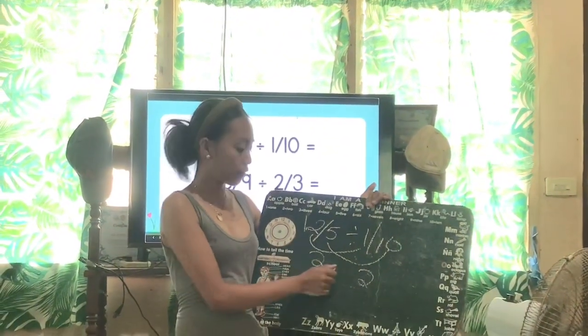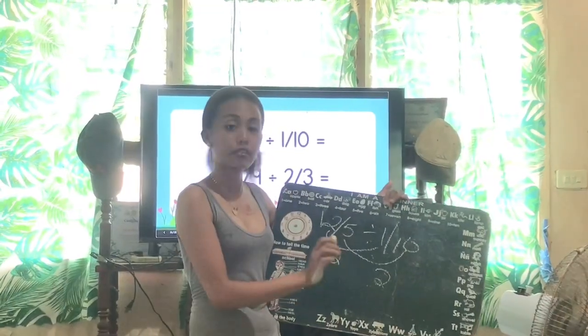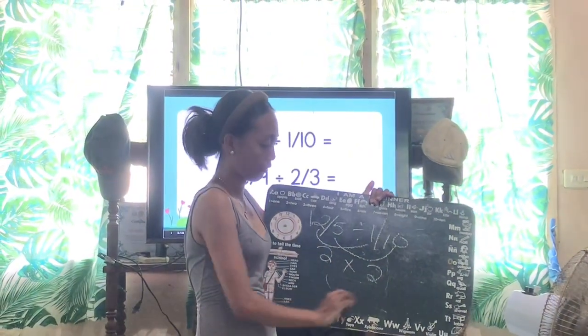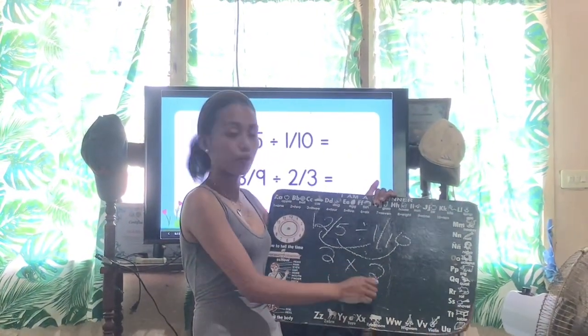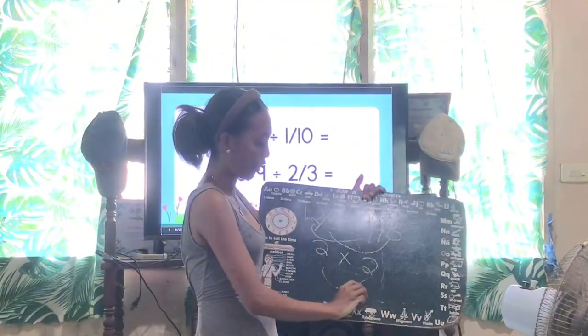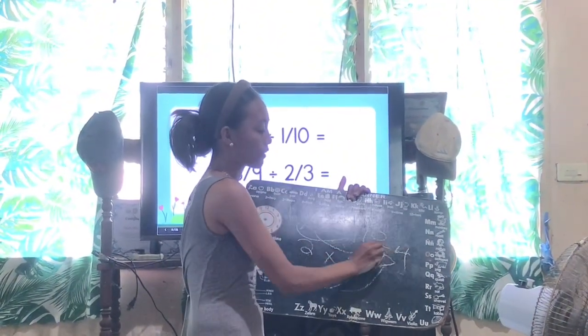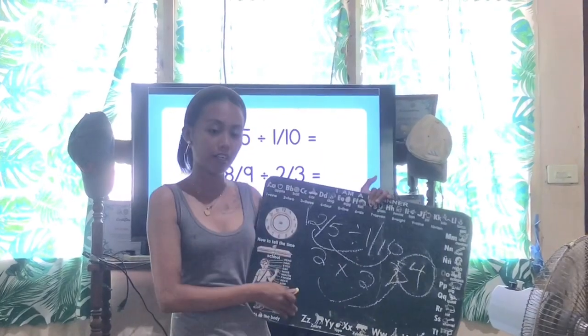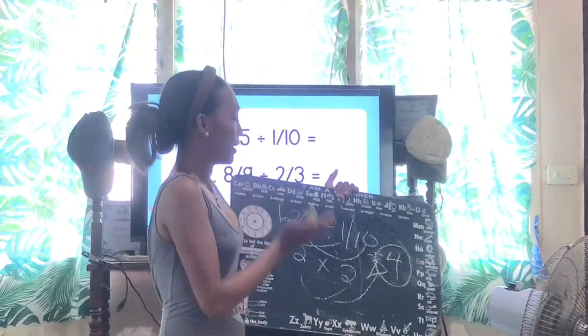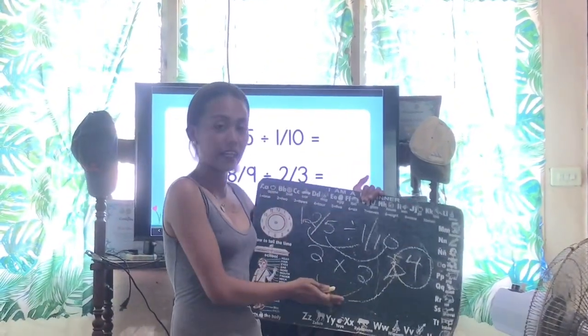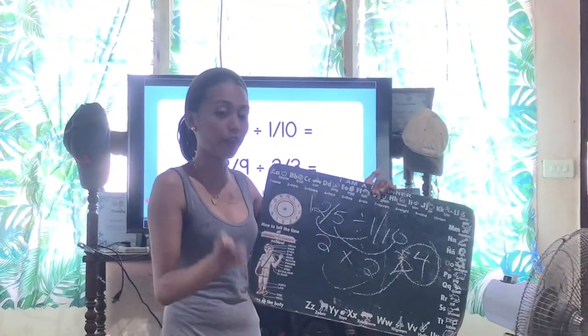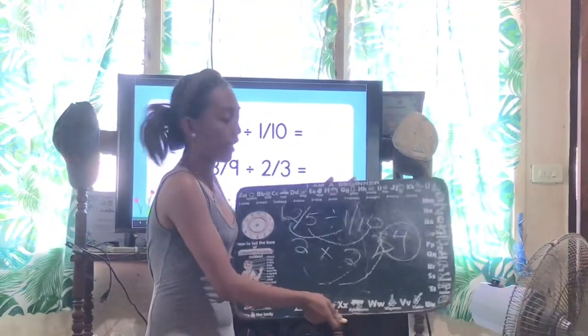And we need to multiply it. So 2 times 2 is 4. So the final answer is 4. Let's see if our answer is correct for number 1 later.